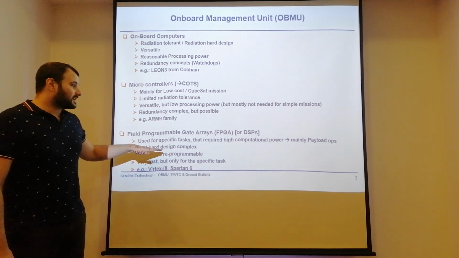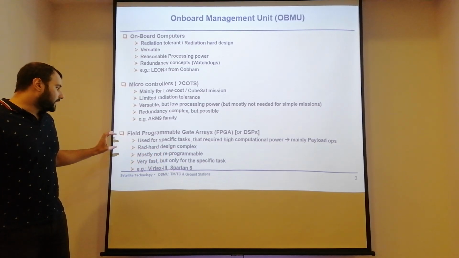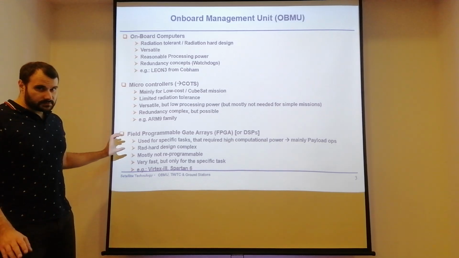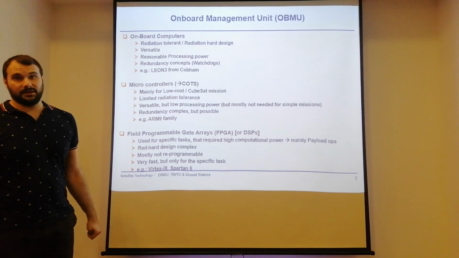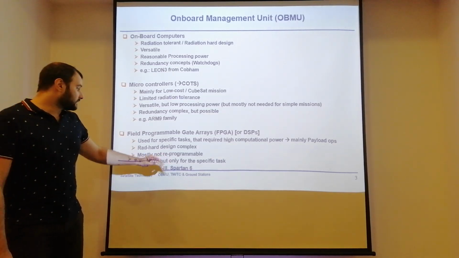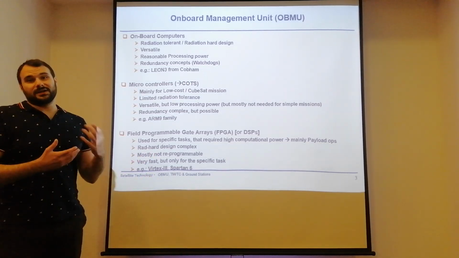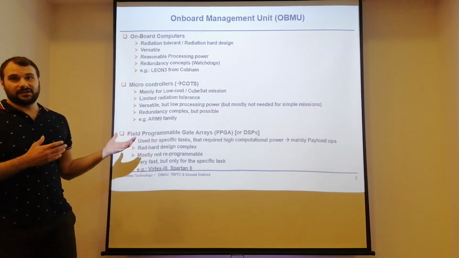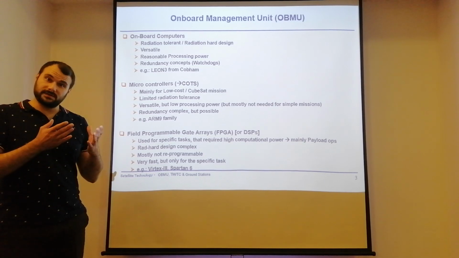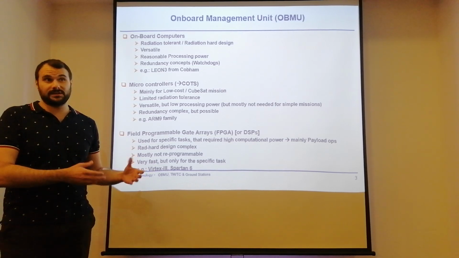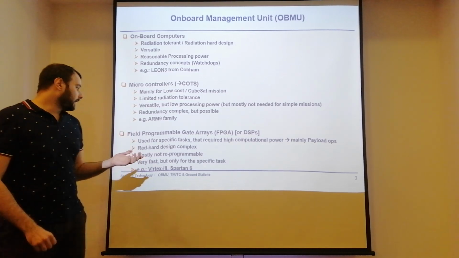The radiation hard design is quite complex with those FPGAs, but it is also possible, but mainly used for non-reprogrammable FPGA types. And this is the biggest disadvantage. So usually if you want to have a radiation hard design, you would choose an FPGA you can't reprogram, so you will have to put some significant effort into testing before you send it into space, because you cannot fix this problem later on.